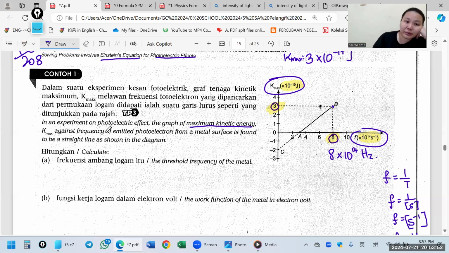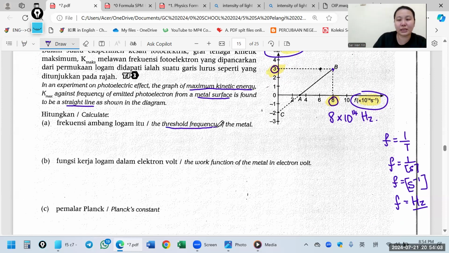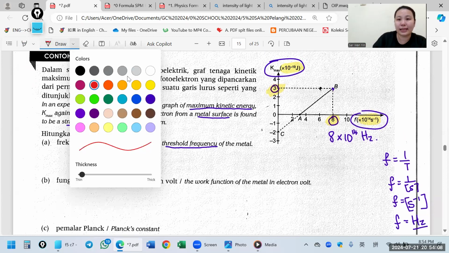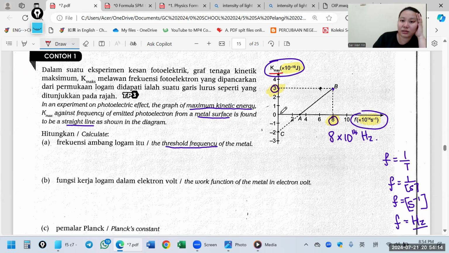Now, the emitted photoelectrons from the metal surface give a straight line. Calculate the threshold frequency of the metal. You can see electrons will only be released starting here, where we have electrons coming out with maximum kinetic energy. This point A will be your threshold frequency.